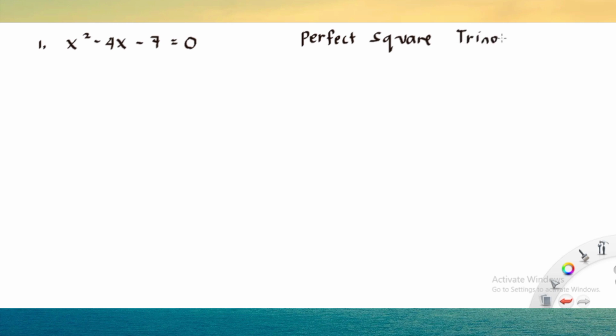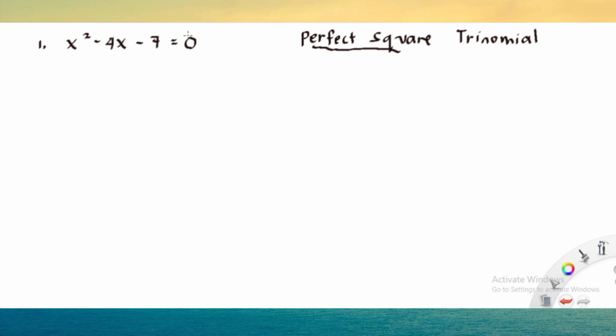So, paano natin malalaman na ang isang trinomial ay perfect square? Kapag ang first term and last term are perfect square, at ang middle term ay 2 times the square root of the first and the second term. Okay? So, let's now solve this using completing the square.